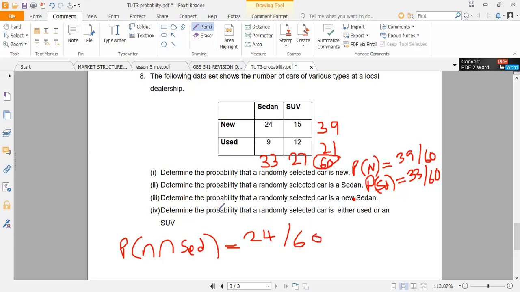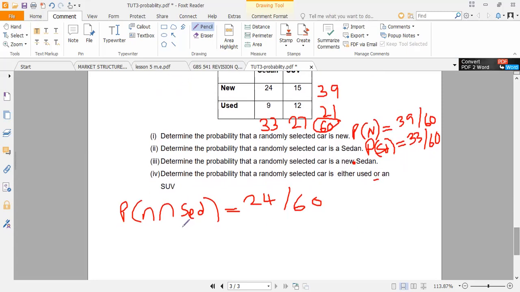How about the probability that it was either used or SUV? What are they asking for? The union. Good. Used union SUV. What's the formula?